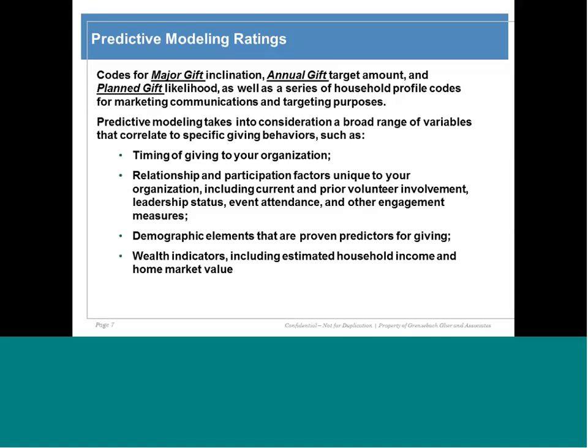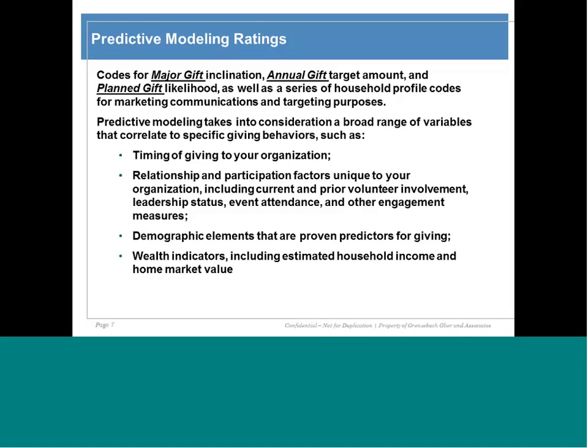New records that are added into the system will not receive a predictive modeling rating because any of those records added in would force all of the predictive modeling codes for all of the other records to recalibrate. So new records added in will receive a gift capacity rating, but they won't receive these predictive modeling ratings.